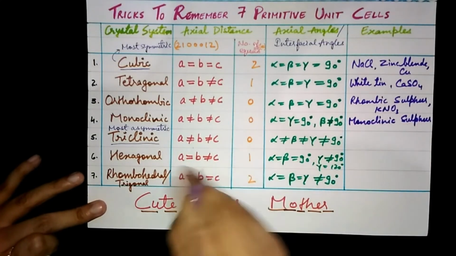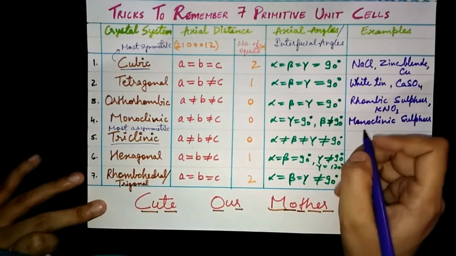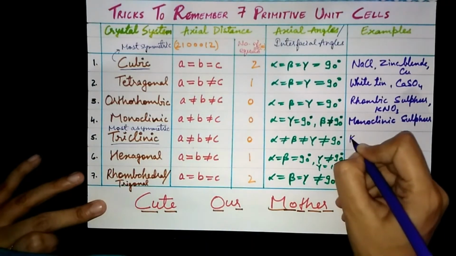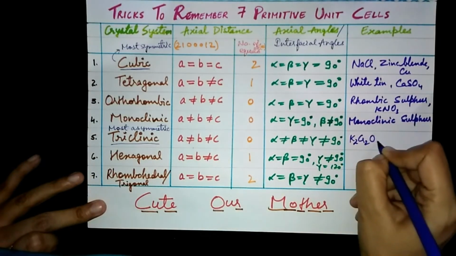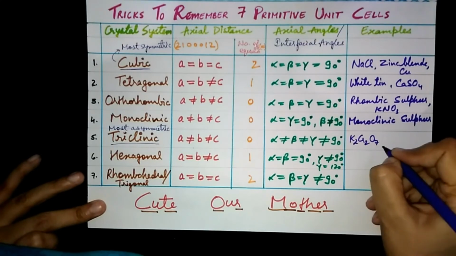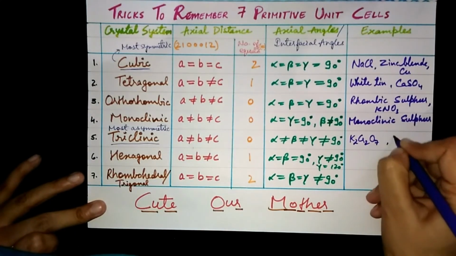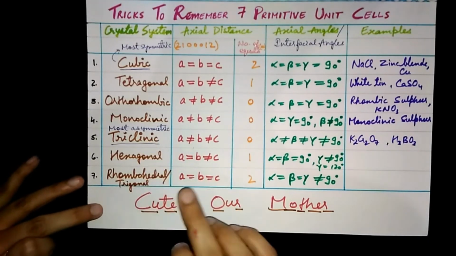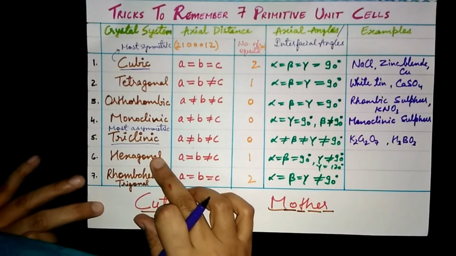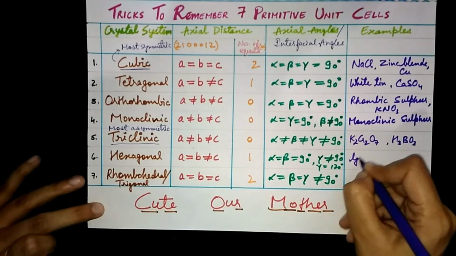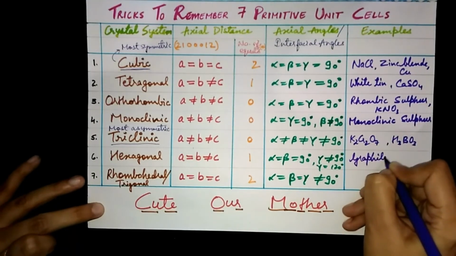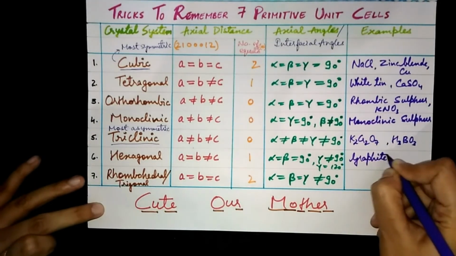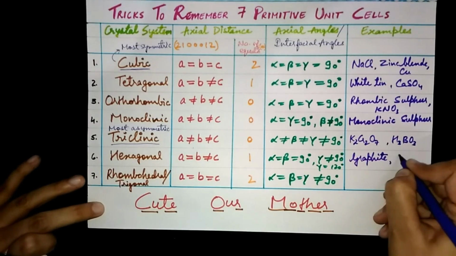Next will be triclinic. You might have heard K2Cr2O7, that is potassium dichromate, and also H3BO3. They have a triclinic crystal system. Then hexagonal: graphite. This is also very simple, graphite, and also CdS.